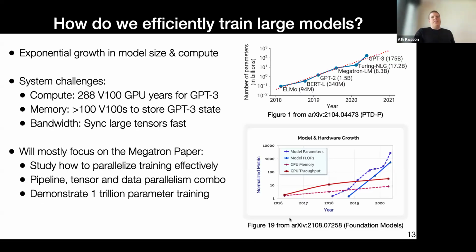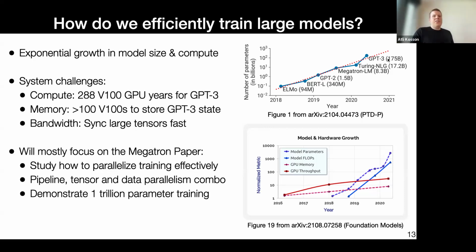Okay, so how do we efficiently train large models? The issue is that with time, we have just been increasing the size of the models and the compute required, especially in the number of parameters. We've gone from maybe 100 million parameters in 2018, which nowadays is considered kind of a toy task, to hundreds of billions of parameters.